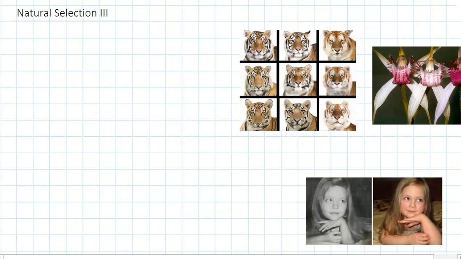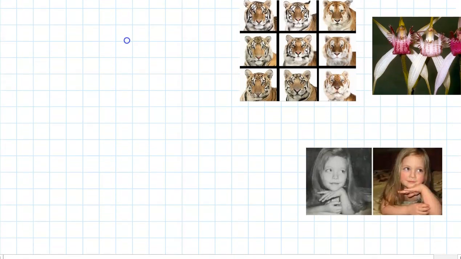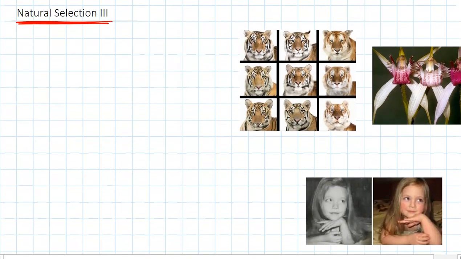Hey everyone. We're now adding some more detail into what we know about the way natural selection works.